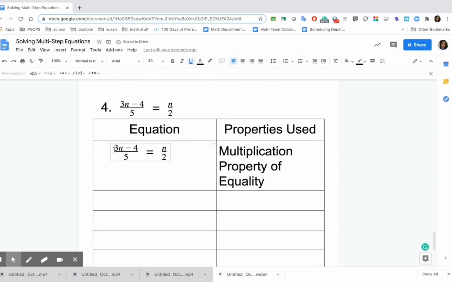We'll multiply the left side of the equation by the LCD, 10. Same as to the right side of the equation.